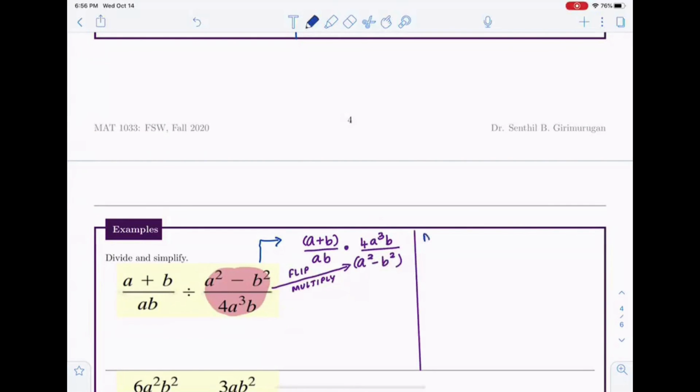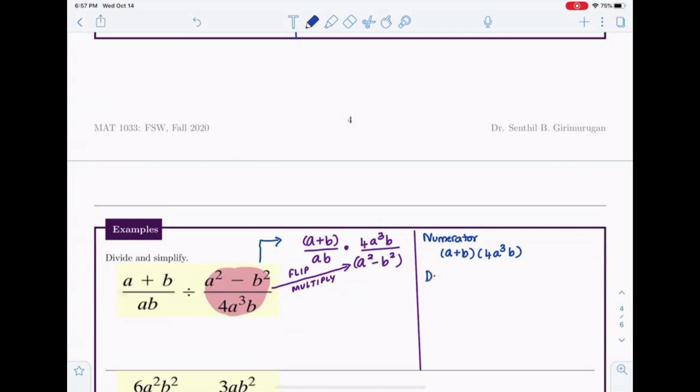So the numerator now would be a plus b multiplied by 4a cubed b. We multiply numerator to numerator, denominator to denominator. Now, I don't see anything in common between those 2 factors. So that's it. We can't do anything else.